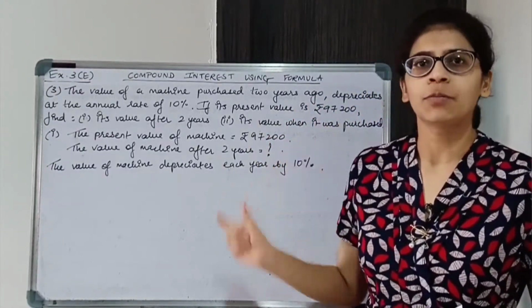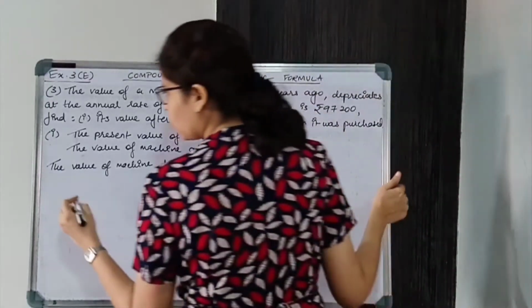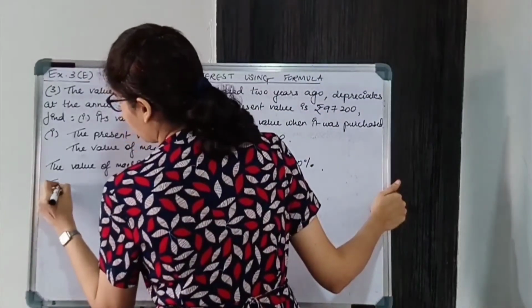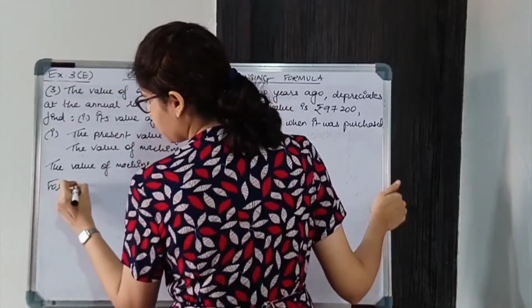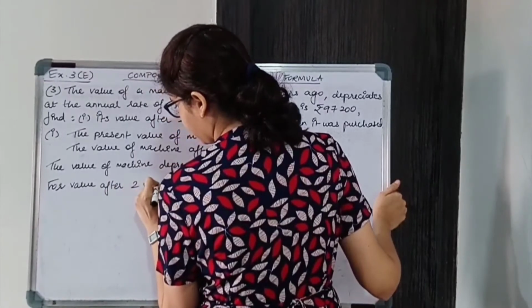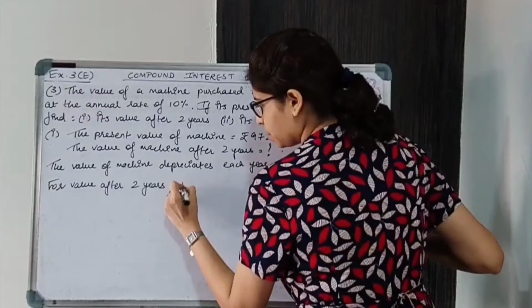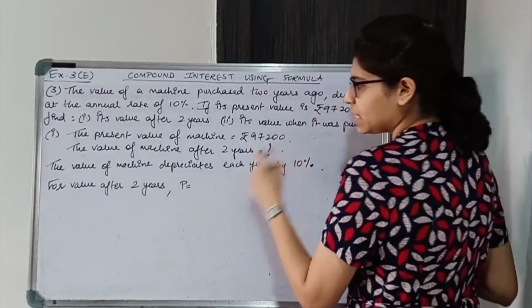We'll be using the formula of amount. Before that, just write down the value of P, R and N. So for the value after 2 years, what all information do we have? Principal is the present value.